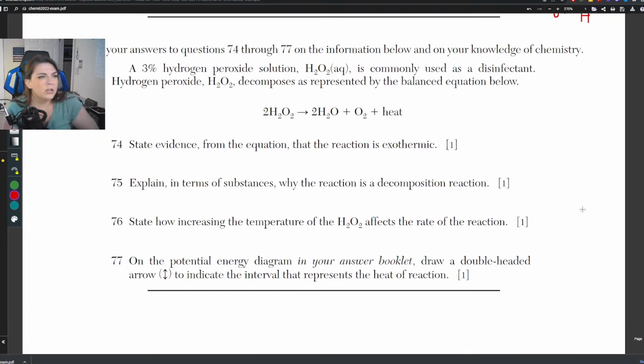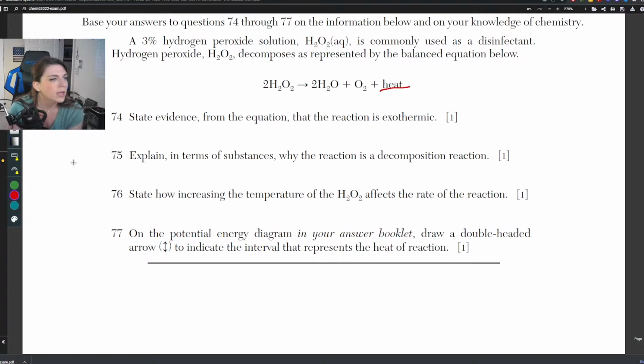A 3% hydrogen peroxide solution, H2O2, is commonly used as a disinfectant. Hydrogen peroxide decomposes as represented by the balanced equation below. State the evidence from the equation that the reaction is exothermic. Sweet, I love these. You know why? Because they flat out tell you.